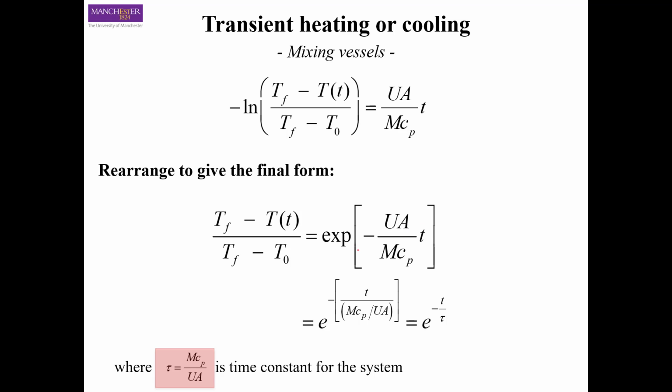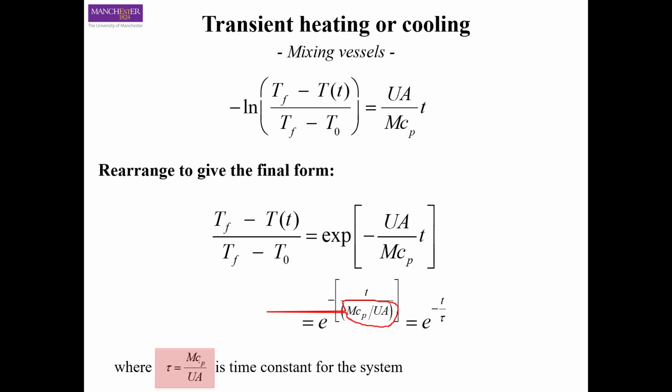We can further simplify this equation by replacing this part of the equation. We rearrange it slightly further, and we replace it with a variable called the time constant. The reason we call it a time constant is that once you know what kind of system you are using, this variable is constant. You know how much fluid you have in the system.